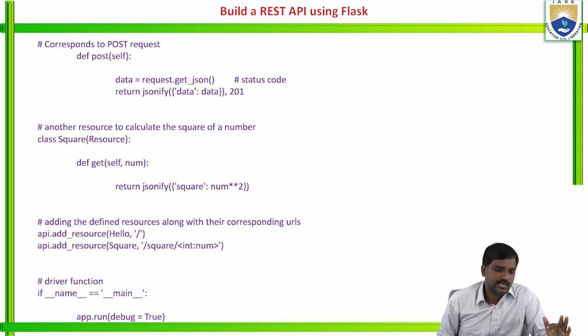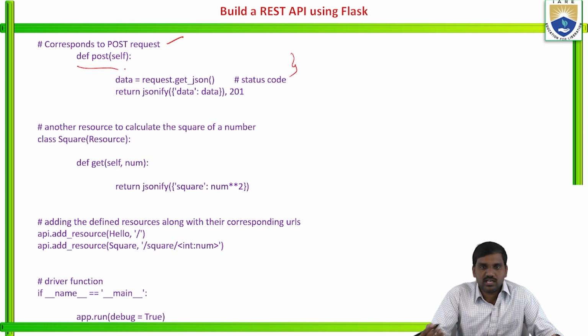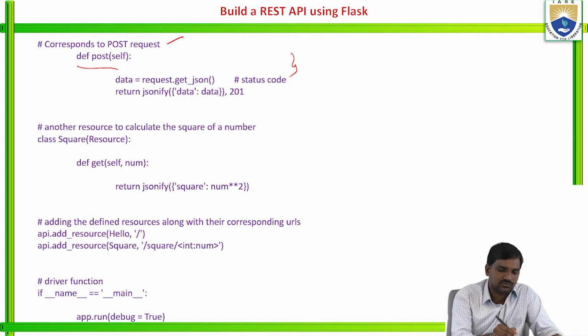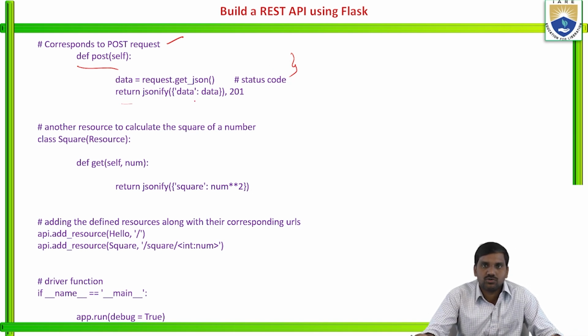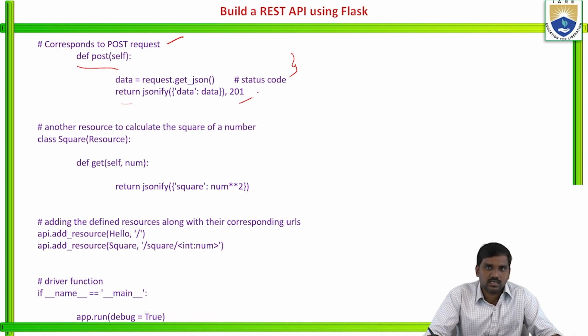Corresponding to the POST request, we have def post(self): data = request.get_json(), and then return jsonify({'data': data}), 201. A successful response will be received.